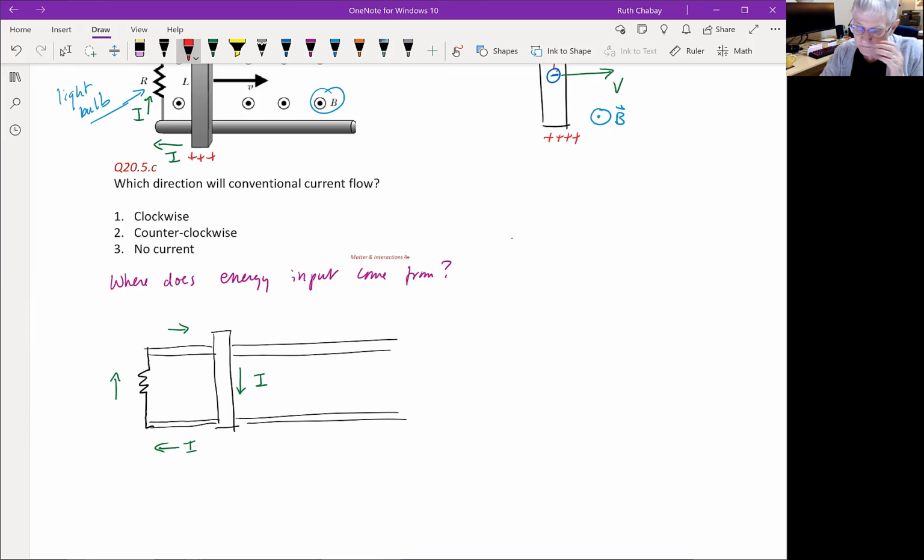And that's right. We've got negative charge here, we've got positive charge here. And so the electric field due to these charges is clearly here. And so conventional current is actually flowing the wrong way through the battery.